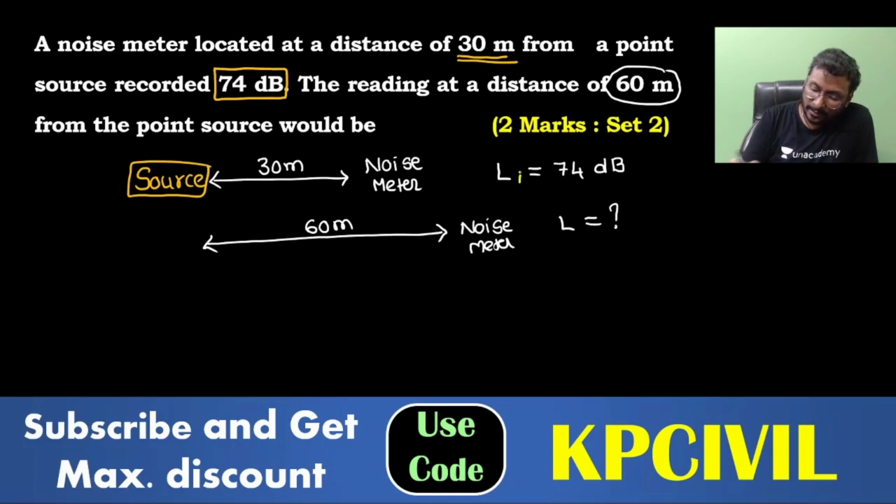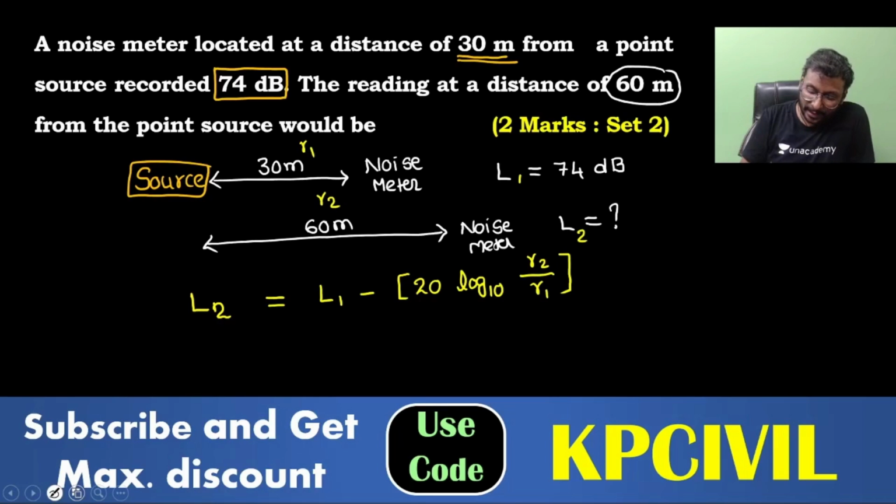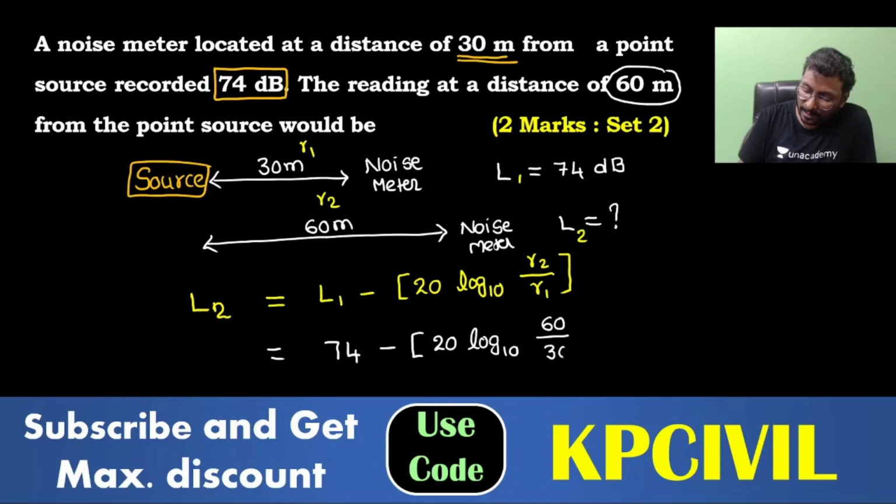Consider this is L1, this is R1, L2 is required, R2 given. L2 is equal to L1 minus 20 log 10 R2 by R1. Distance increases, noise value decreases, simple logic, so we are subtracting. 74 minus 20 log 10 of R2 by R1, R2 is 60 meter, R1 is 30 meter.